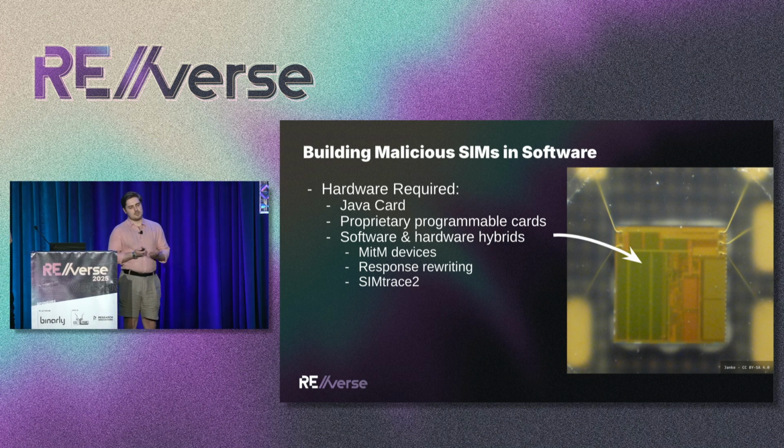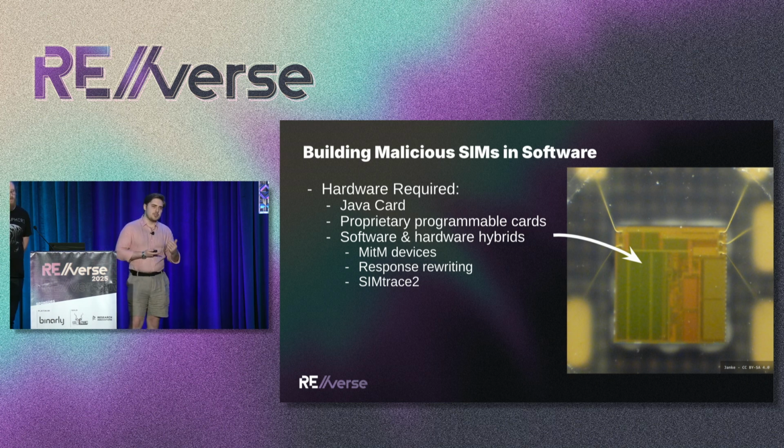And then the last alternative is a hybrid of the two, so hardware and software, where you have, for example, machine-in-the-middle devices where you plug them in between the SIM and the phone. You can then, of course, rewrite responses from the original SIM. You can also prevent particular commands from even reaching the SIM. And you can maybe inject even your own commands into that data stream.